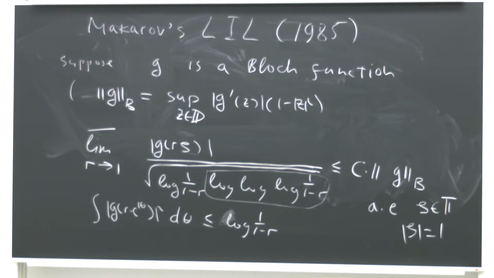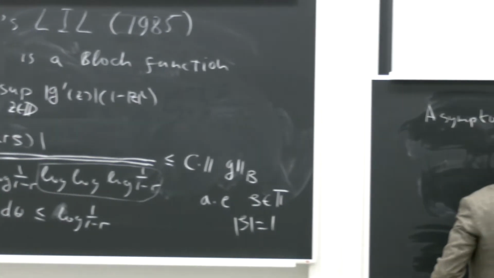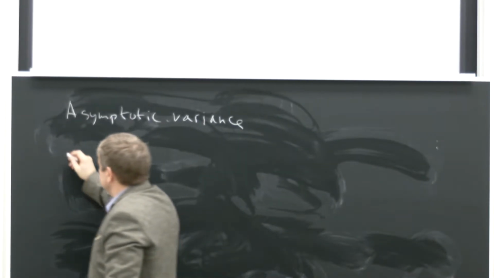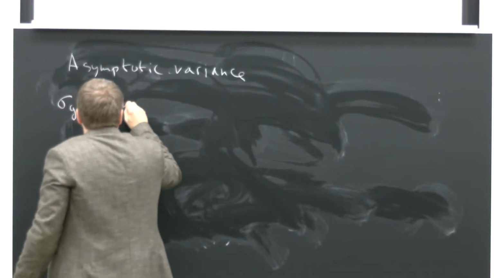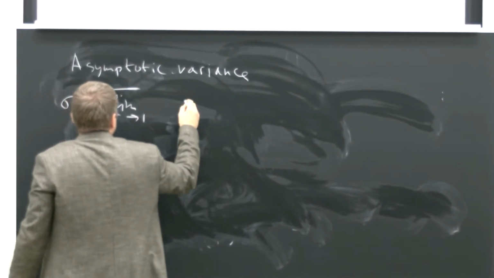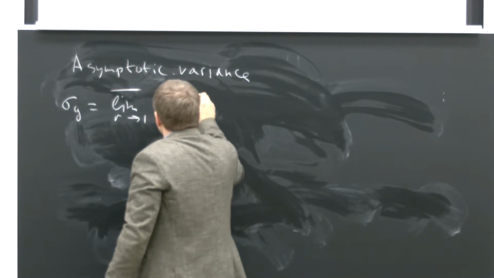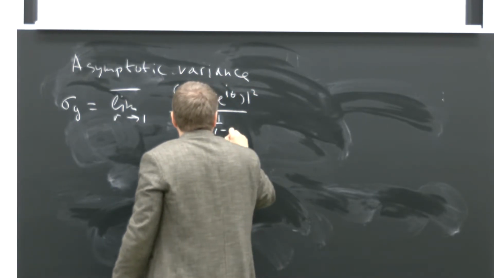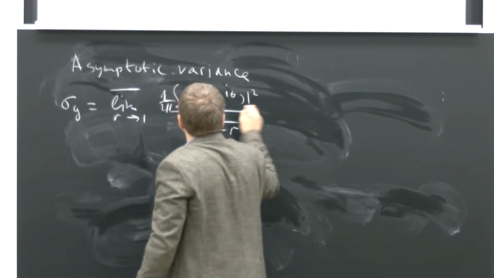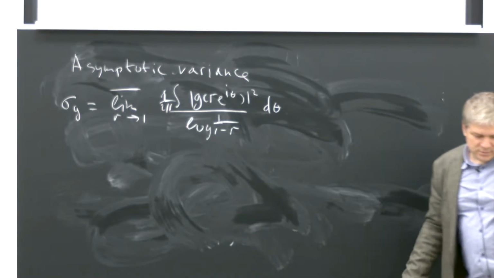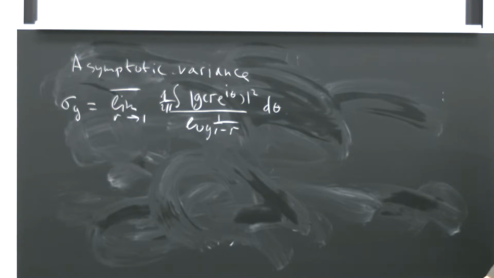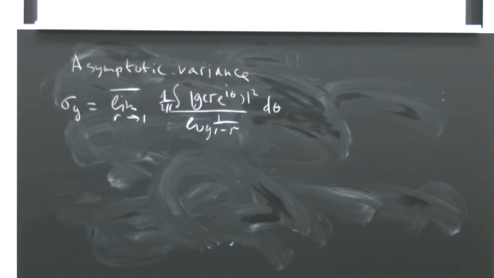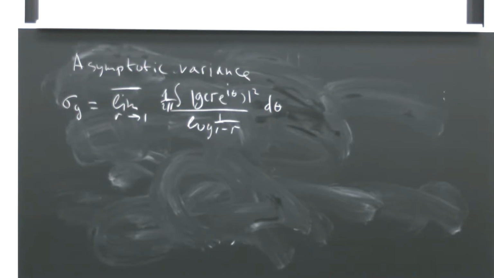The asymptotic variance, it is just sigma_g, this upper limit, and this function is bounded. The asymptotic variance is bounded because of this inequality, which follows from the definition of the Bloch space. Here we have to multiply by the Bloch semi-norm, or maybe norm.